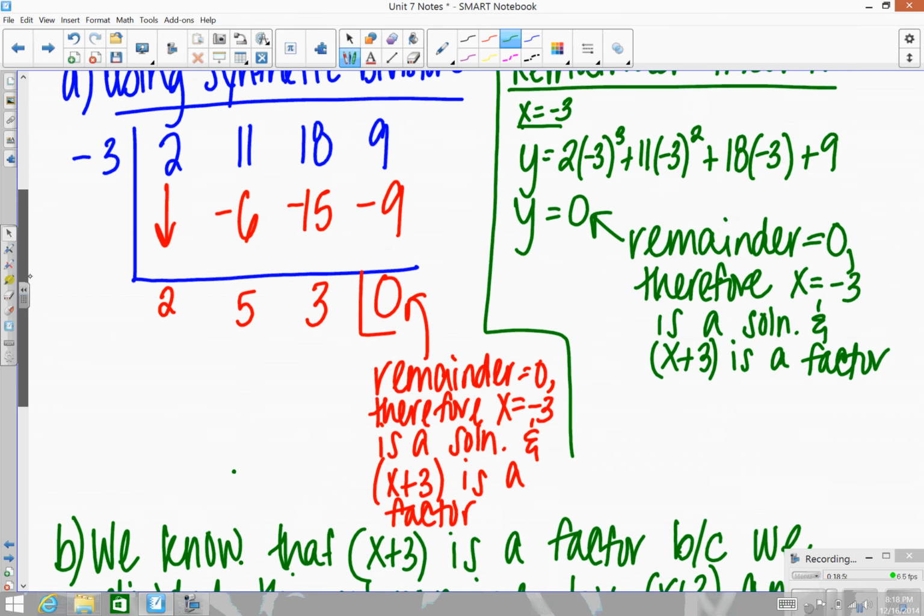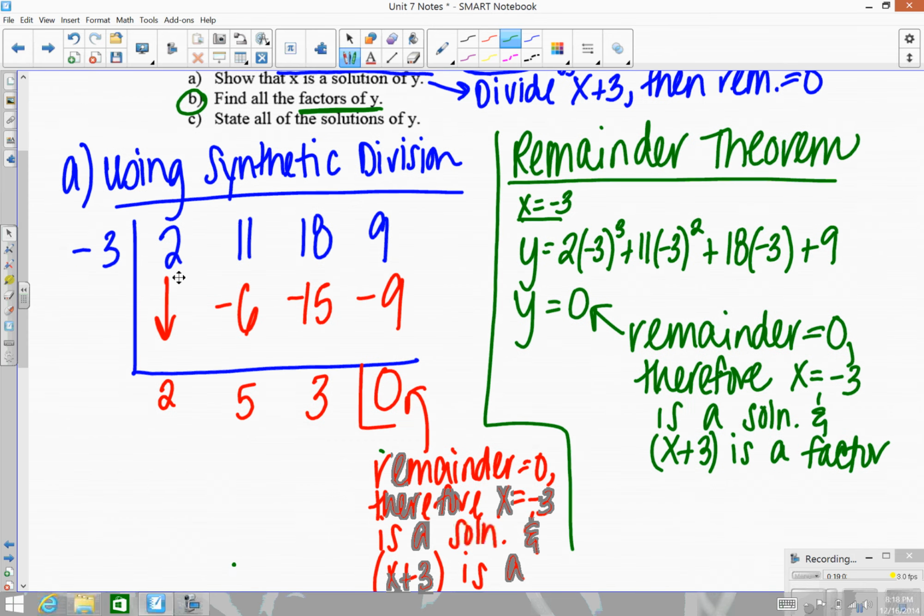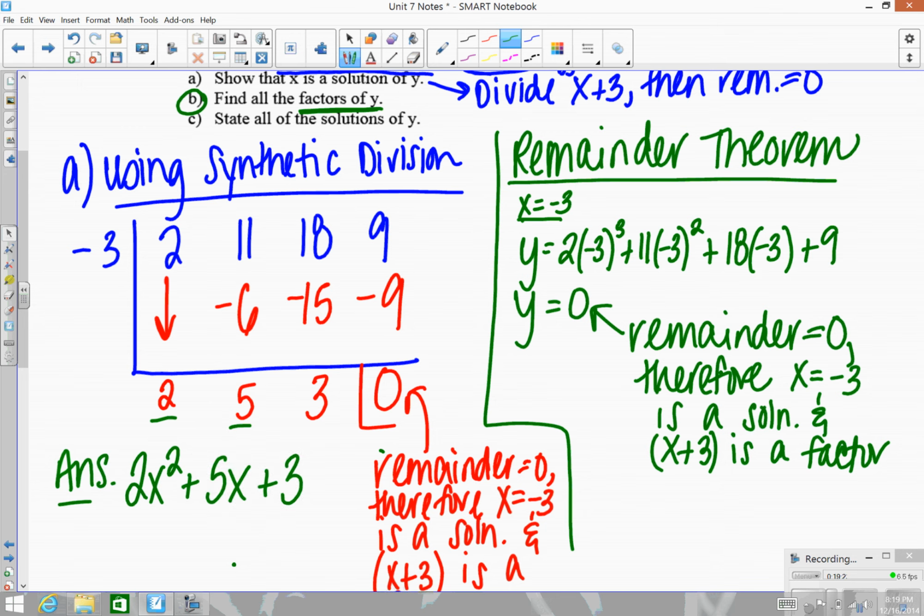So right here is where I divided my original polynomial by x plus 3, and the answer to my division was 2x squared, because it's always one exponent less, plus 5x plus 3, and the remainder was 0.